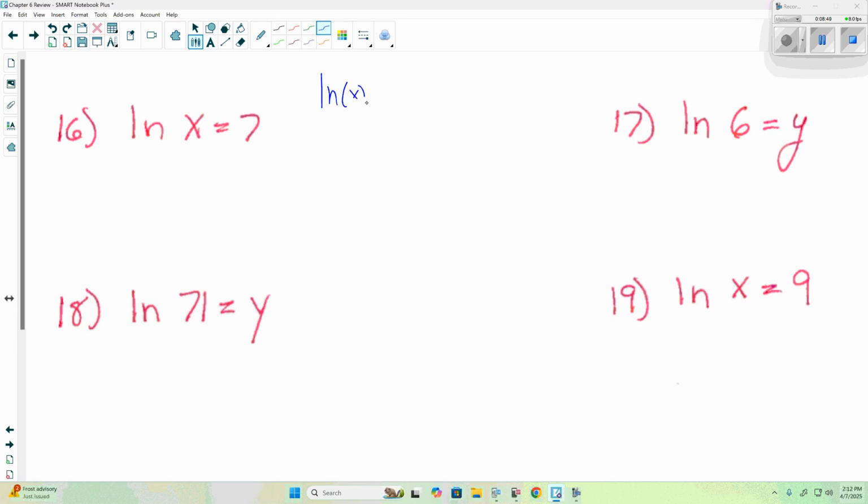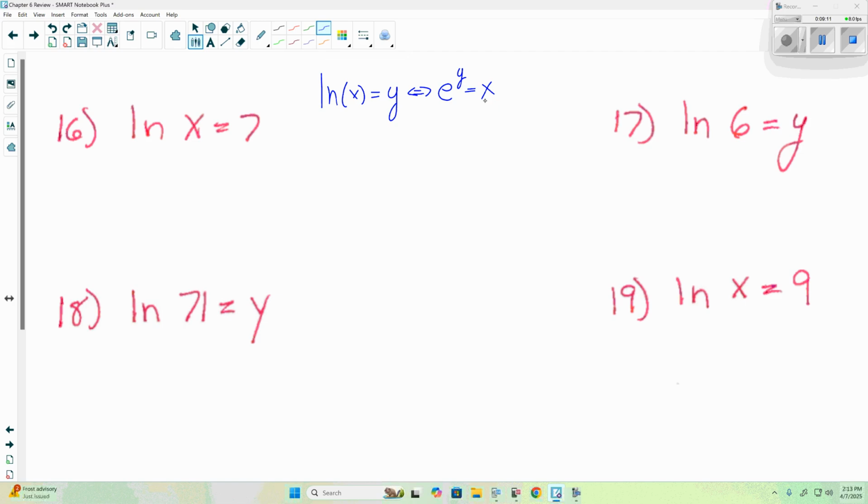All right, let's look at the next 16 through 19. The natural log of x equals y if and only if e to the y is equal to x. Natural logs, the base is understood to be e. So with natural logs, we don't have to write the base because it's understood. So the natural log of x equals 7.